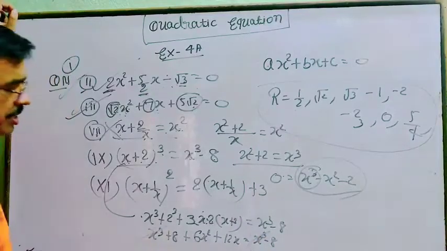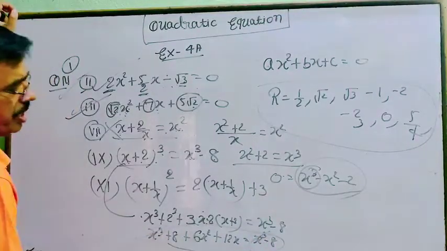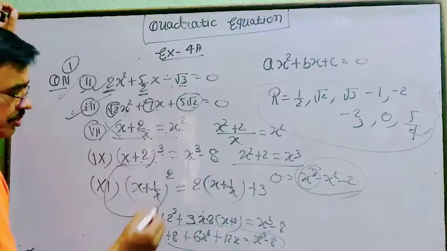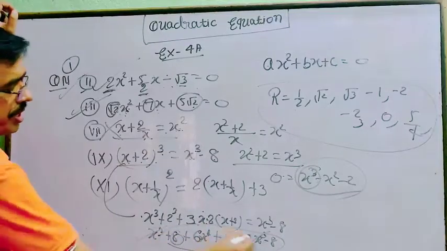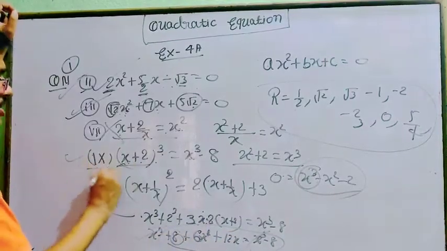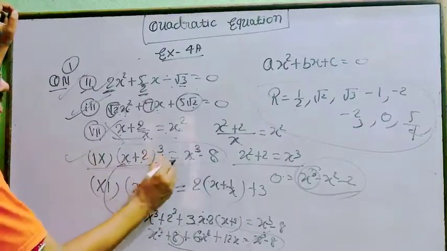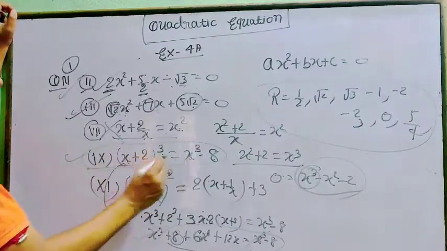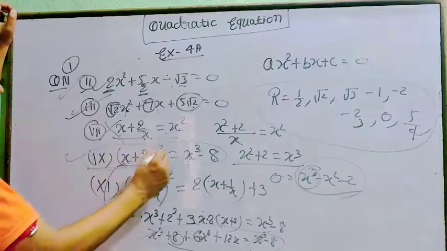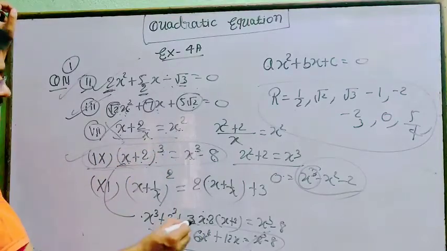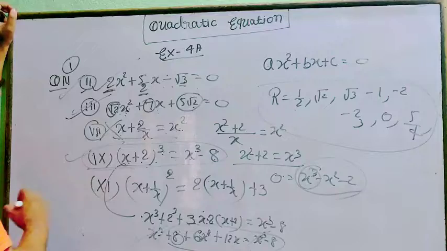The x cube cancels. Then the remaining part always has highest power 2 and all numbers are real numbers. So when you solve question 9, after solving the equation you get x cube cancelled and the highest power will be 2. Then it is clear it is a quadratic.